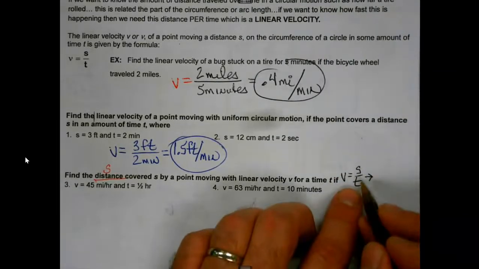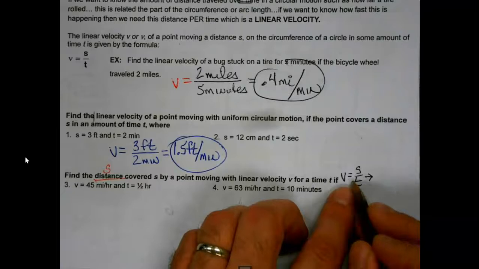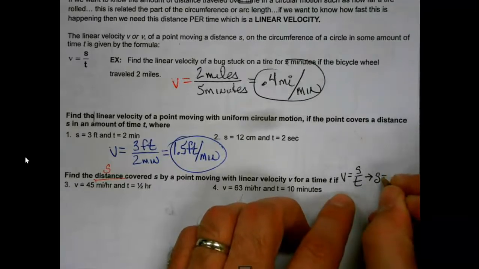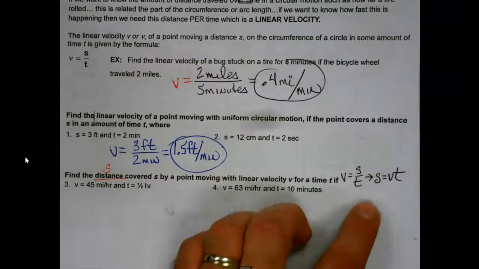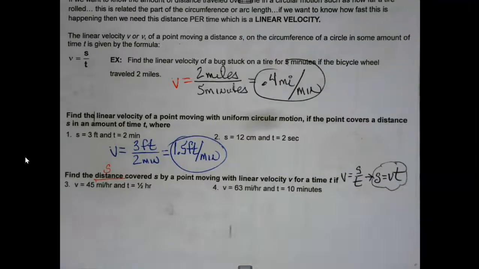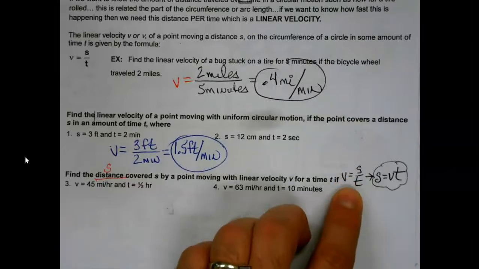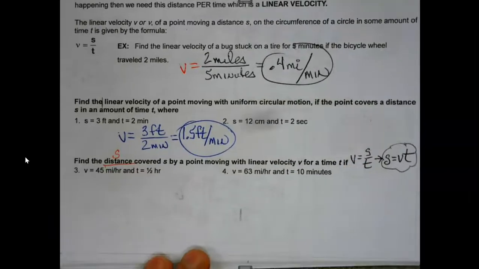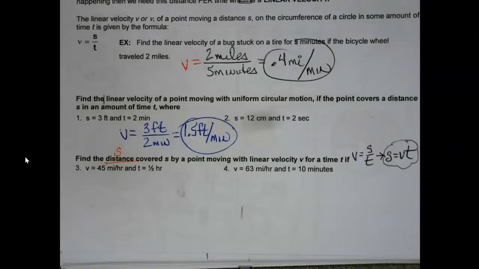So to do that, I'd multiply both sides by t. So distance would equal linear velocity times time. Now, could I just plug the numbers in like this and do the algebra? I could. If you like to do one-stop shopping, maybe that's better for you.